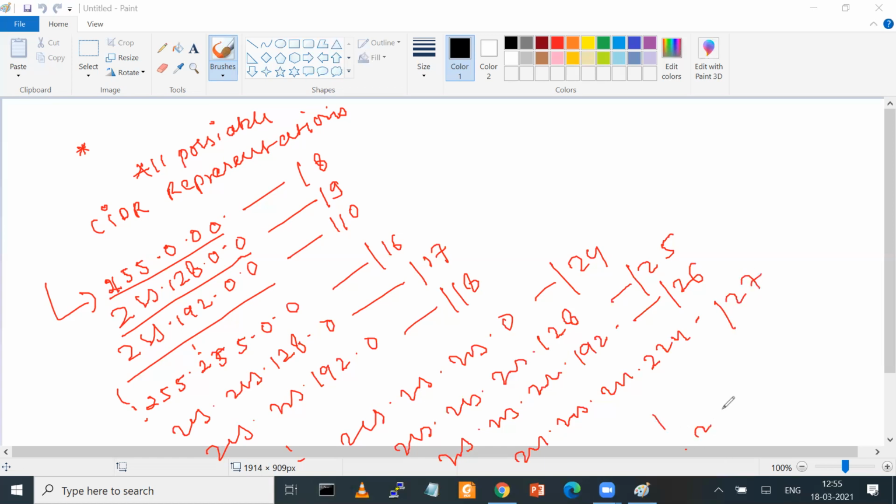The last value in case of CIDR will be 252.